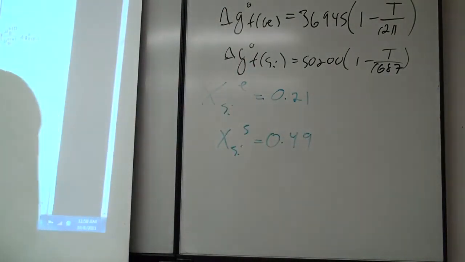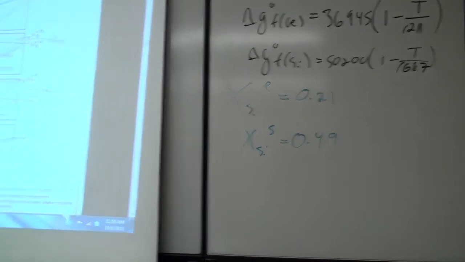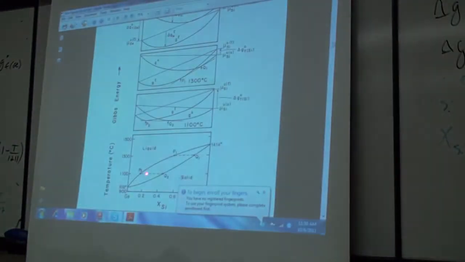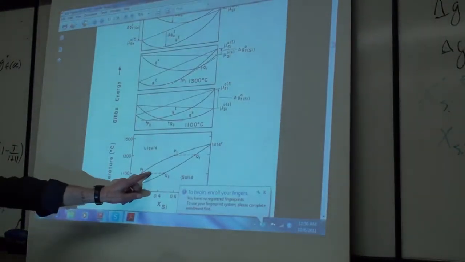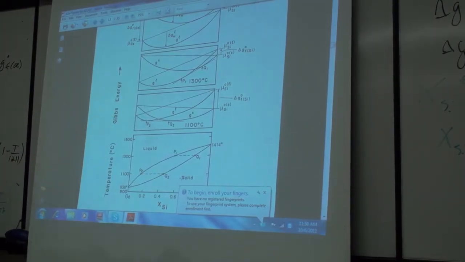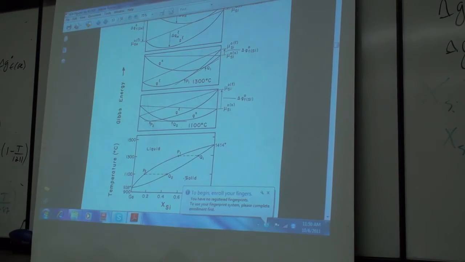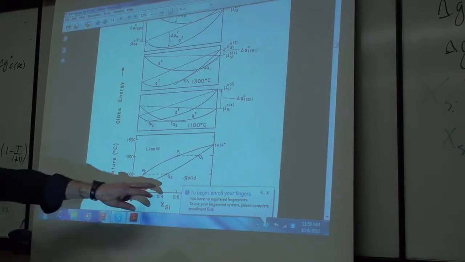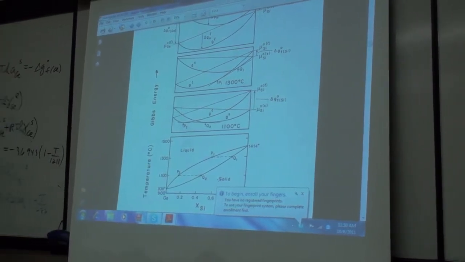That's assuming an ideal solution. 0.21 is over here and 0.49 is over here, so it's not too bad. It's going from maybe here over to here. The actual thing, the real tie line, is displaced a bit to the left, which would indicate that the solid is a bit more stable than we thought, relatively.